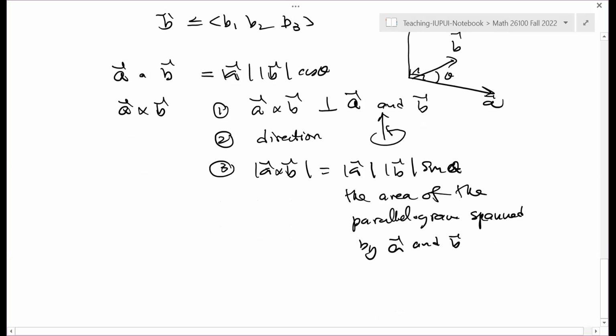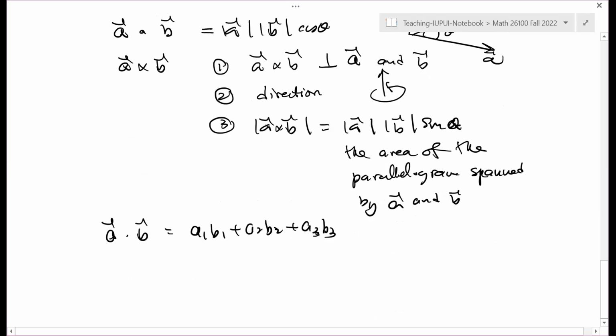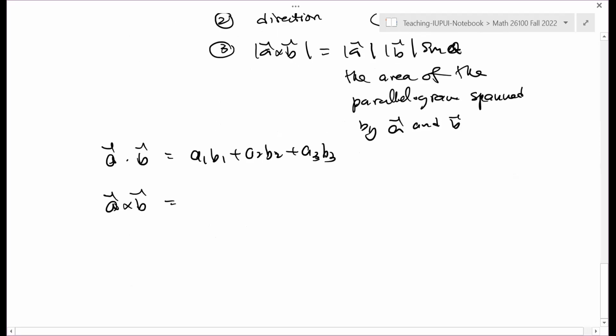All right. Now, if you want to come to the detailed formula, then A dot B is going to be A1 B1 plus A2 B2 plus A3 B3. But the cross product is a vector, right? So you have to get three components. The three components are determined by this formal determinant.